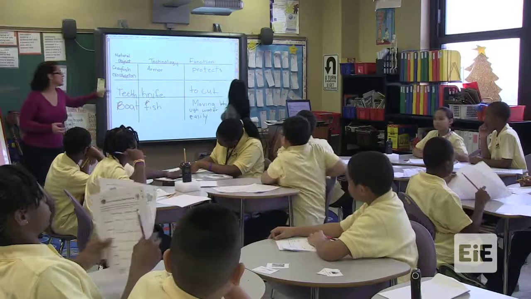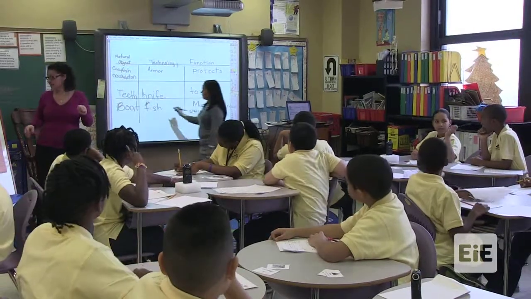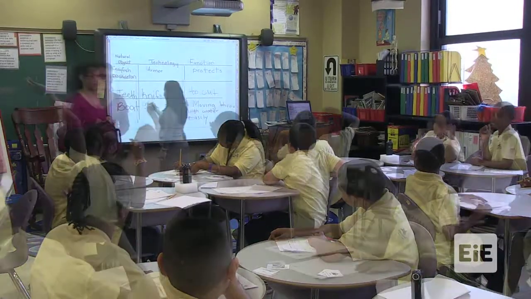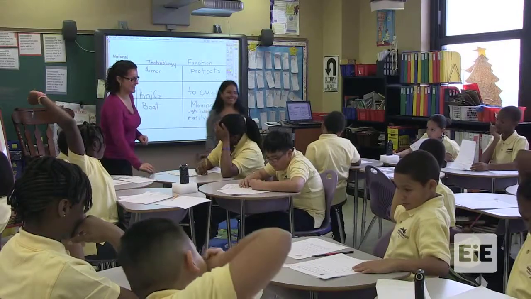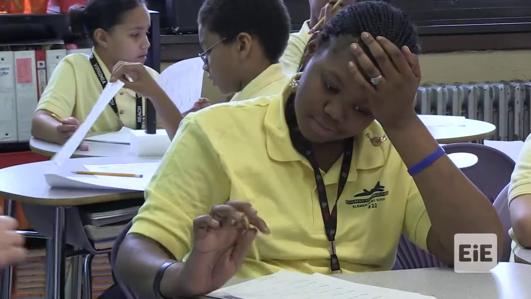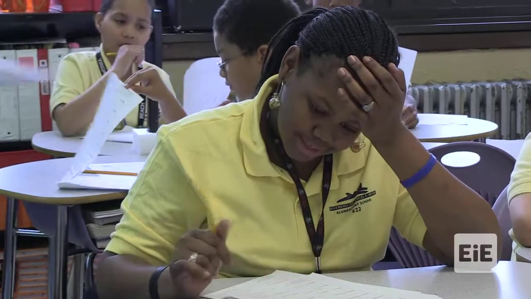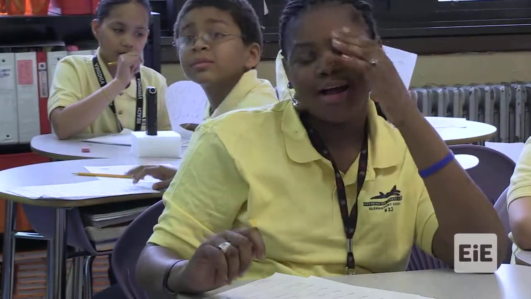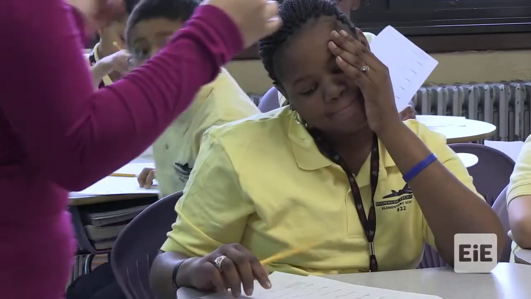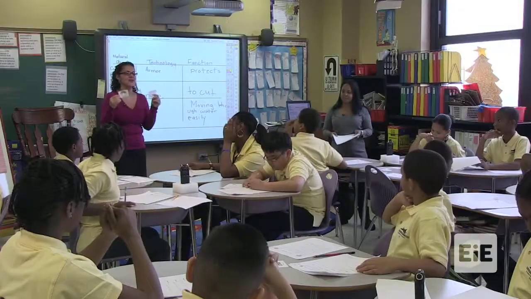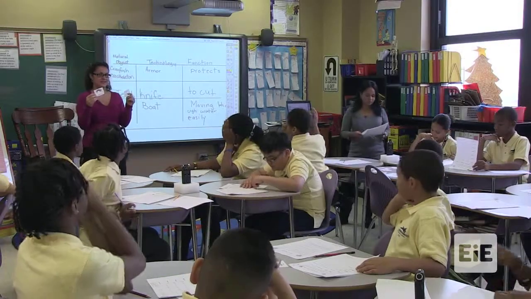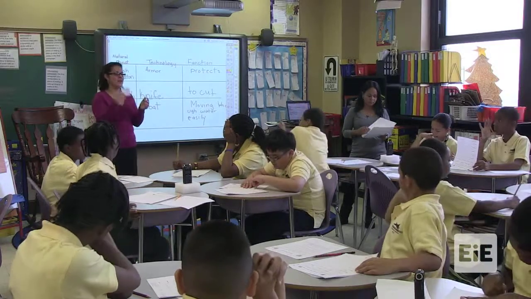Okay, now what we're going to do is, because of space and time, I want to go over the next ones. So what's natural? The insect legs is the natural. What's the technology? The hand pollinator. What's their function? It helps pollinate flowers.